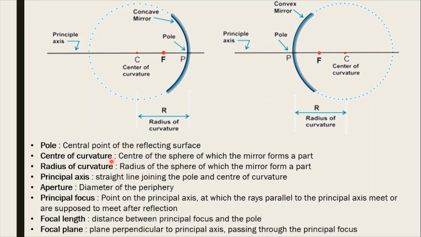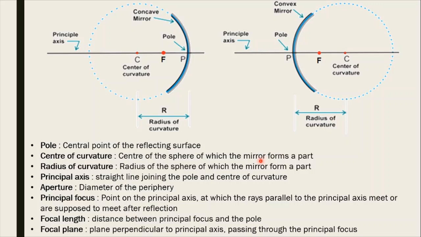The next one is the radius of curvature. The radius of curvature is the radius of the sphere of which the mirror forms a part. You can see the radius of curvature of the concave mirror over here and the convex mirror over here. Principal axis.